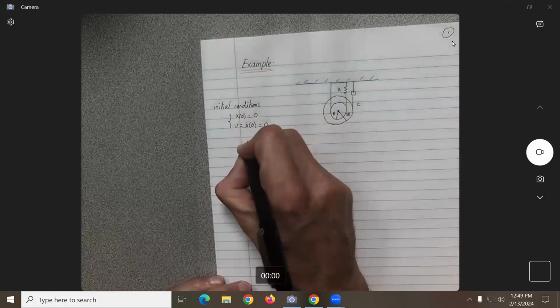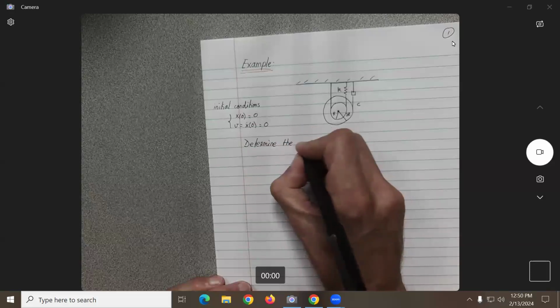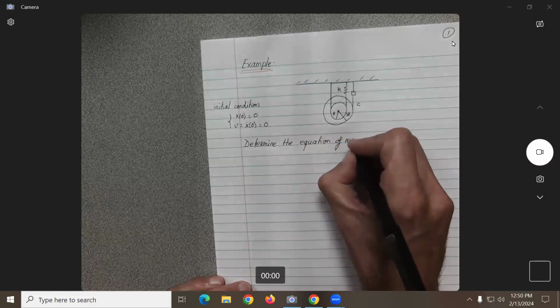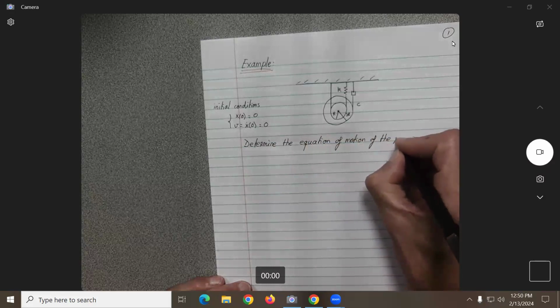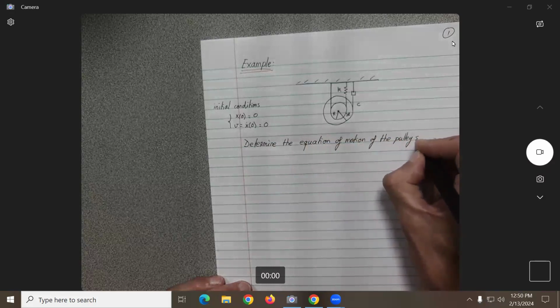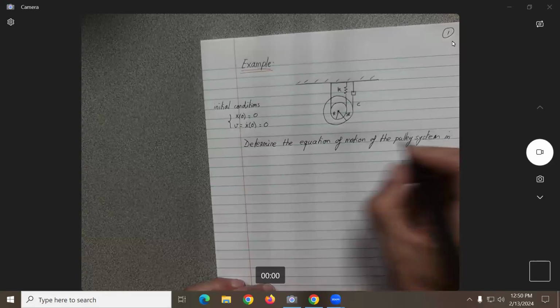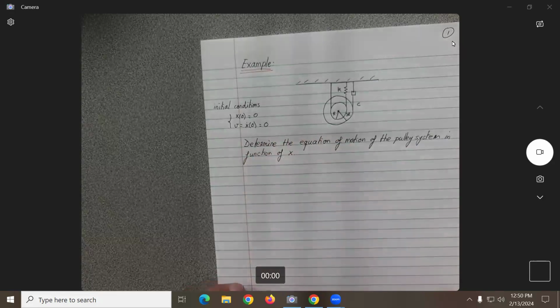So the question here is to determine the equation of motion of the pulley system in function of x.